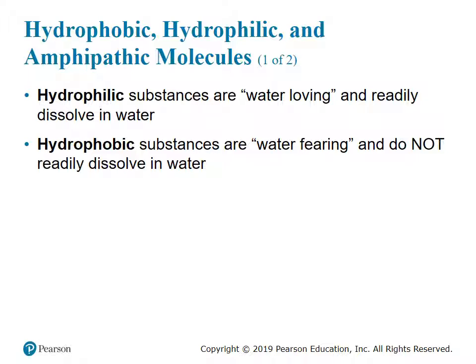When we talk about substances that are hydrophilic or hydrophobic, we're talking about things that we put into water, and because water has this polar covalent bond type of characteristic, depending on the chemical nature of the molecule that we're putting into water, it can attract to water or it can repel from water.